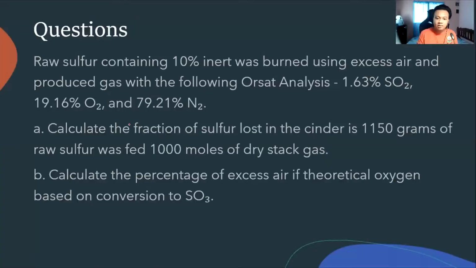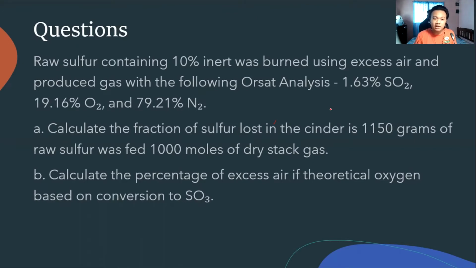Okay. So, without further ado, let's continue with our last four remaining problems in ChE calc. We have here a raw sulfur containing 10% inert that was burned using excess air and produced gas with the following Orsat analysis. And we have SO2, O2, and then N2.